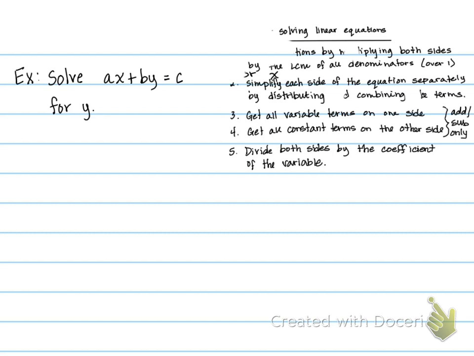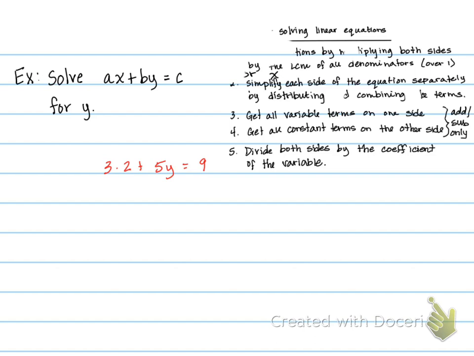If you get mixed up on these, feel free to actually replace all the variables that aren't the variable you're solving for with numbers. Like this is the same as 3 times 2 plus 5 times y equals 9. Can you solve that? What would you do?